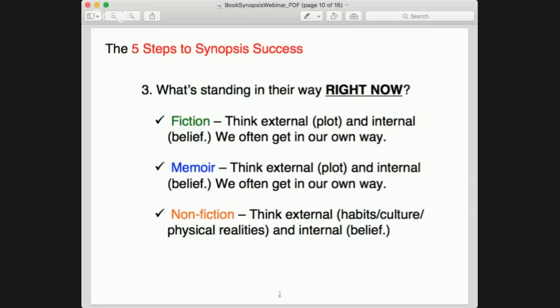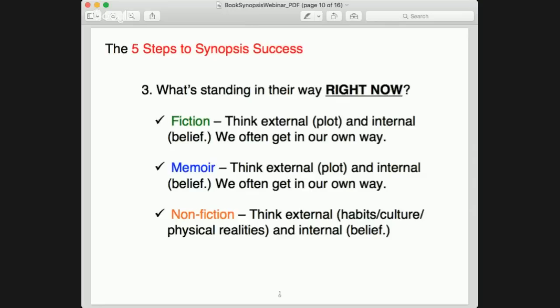If I tell you just a straightforward story about dinosaurs came and stamped out the village, it's like, so what? We don't care about the external plot level things unless there's some internal thing going on. Maybe the dinosaurs came and stomped out the village right when our main character was about to be crowned queen.